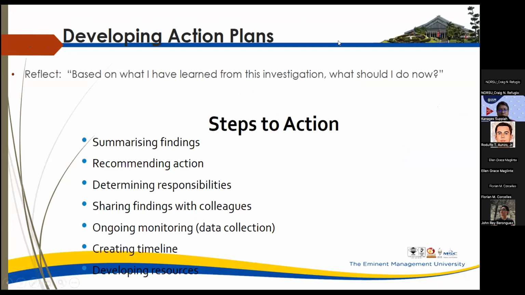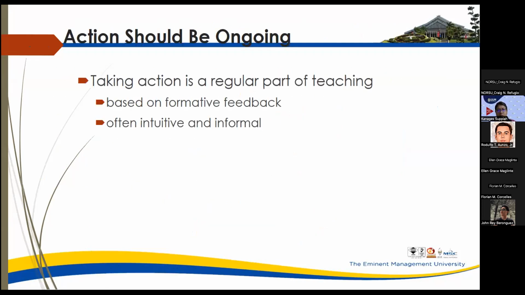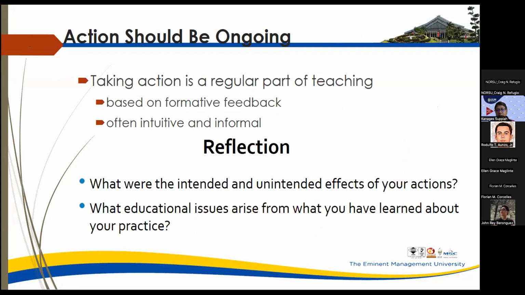So the steps to action: we summarize the findings, sharing, monitoring, creating a timeline. Taking action is a regular part of teaching through formative feedback. And when you talk about reflections, what were the intended and unintended effects of your action?